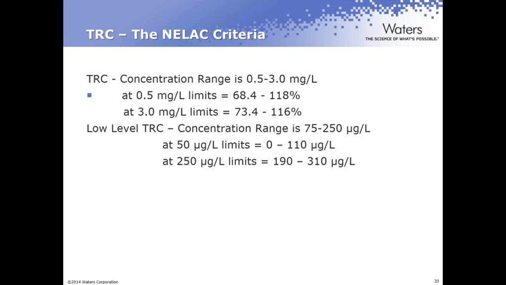However, chlorine is one of the exceptions to the rule, and here's why. The majority of people who run residual chlorine run them on Hach meters using the DPD method. Because the Hach meters are designed to run up to a certain concentration, samples are diluted to meet that particular concentration range.